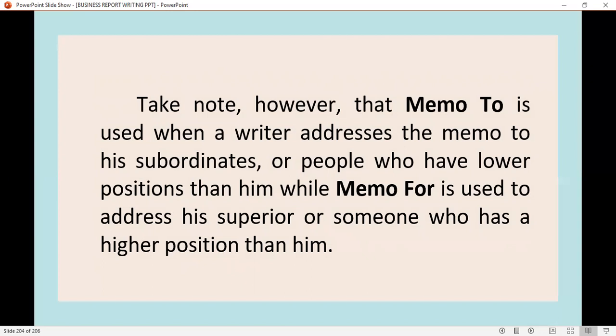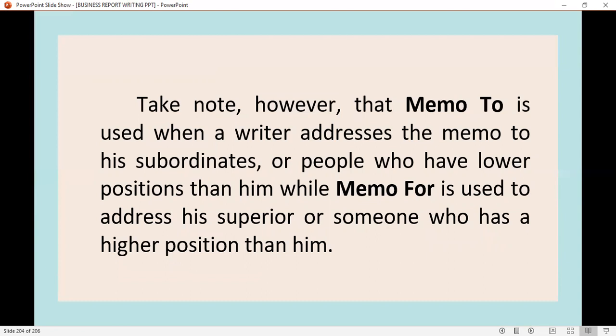Take note, however, that memo 2 is used when a writer addresses the memo to his subordinates. So, memo 2. Types po tayo ng memo. Memo 2, memo para kanino? Ibig sabihin, usually, ginagamit para sa, for example, sa employer, para sa kanyang mga employee, parang pababa. Mula sa taas, pababa, memo 2.